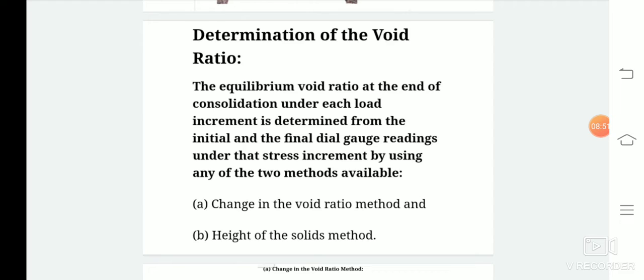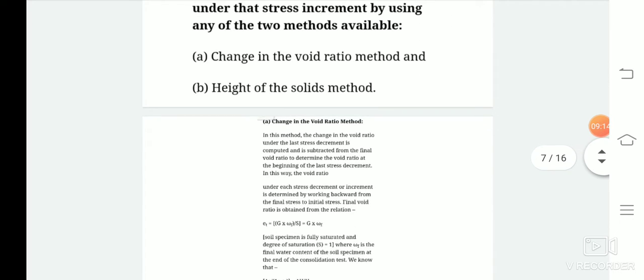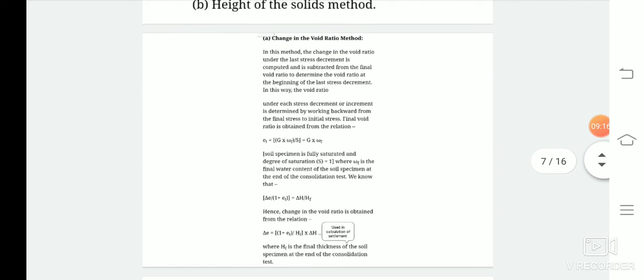Normally the equilibrium void ratio at the end of the consolidation under each load increment is determined from the initial and the final dial gauge readings under the stress increment by using either of two methods. These two methods are the change in void ratio method and the height of solid method. So let us go through the first method.